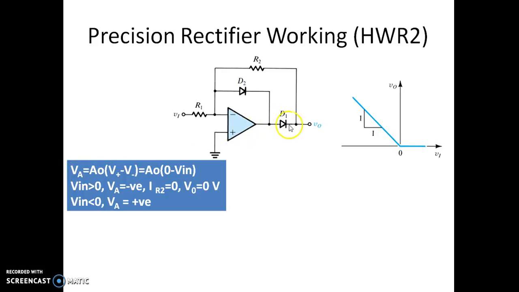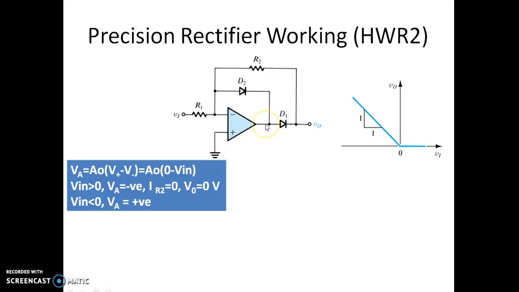So VA is again the voltage at this point, that is, VA is given by A naught times V plus minus V minus. Now V plus is grounded, and the input voltage at the inverting terminal is V in. Whenever the input voltage is greater than 0, we know that VA will be negative, since it is connected to the inverting terminal and the inverting voltage becomes more than the non-inverting voltage.